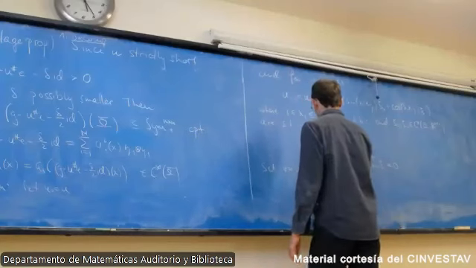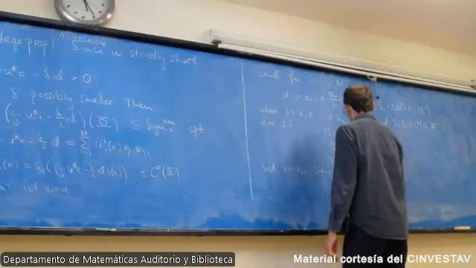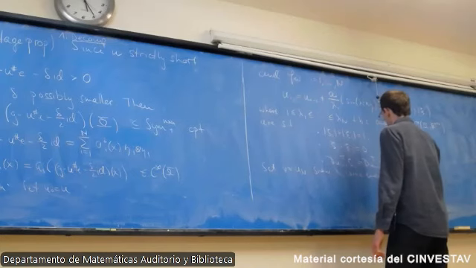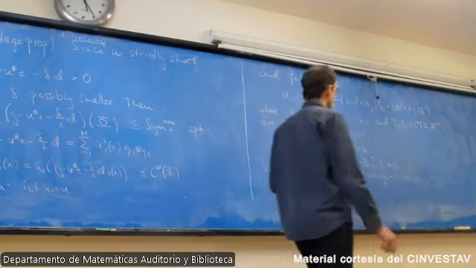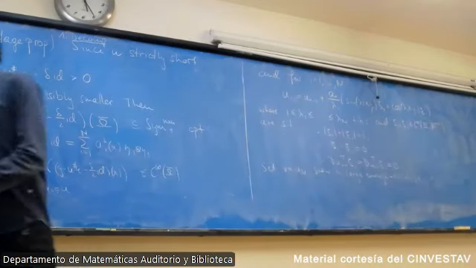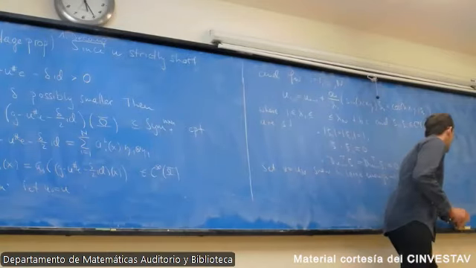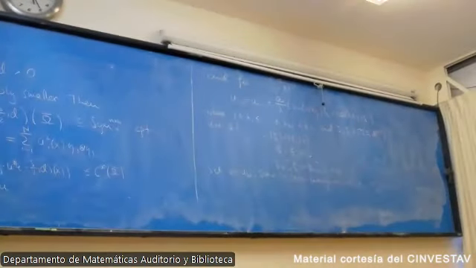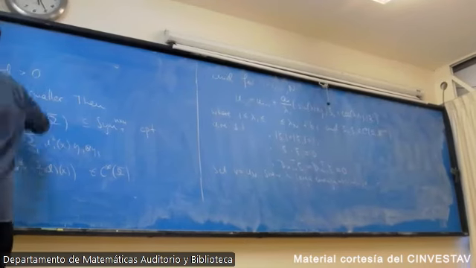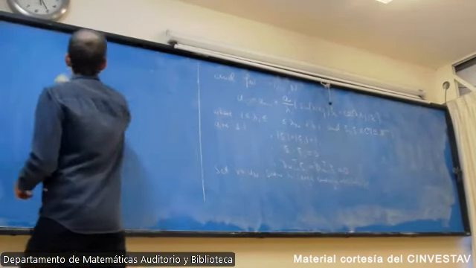So choose lambda_i large enough, then 1, 2, 3 hold. It's the same computation I did yesterday, so I don't want to bore you with repeating it.